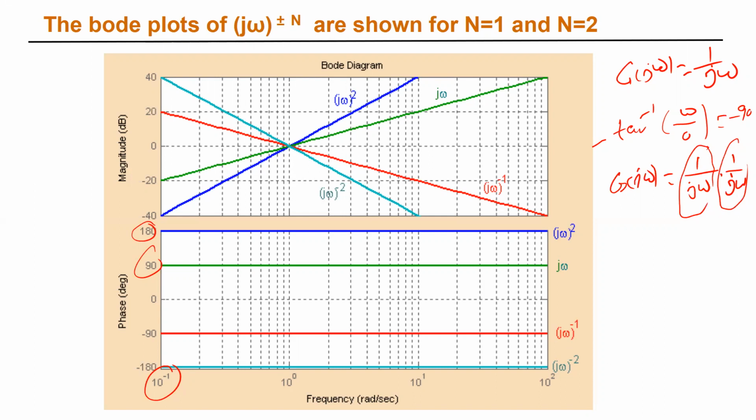So if you have two poles, it's going to be minus 180. If you have three, basically, if I have 1 over j omega to the power n, it is n multiplied by minus 90. That's basically what we have, and it's straight lines.